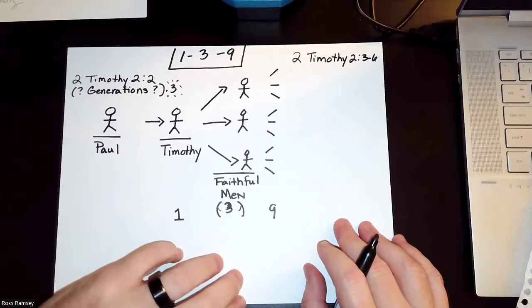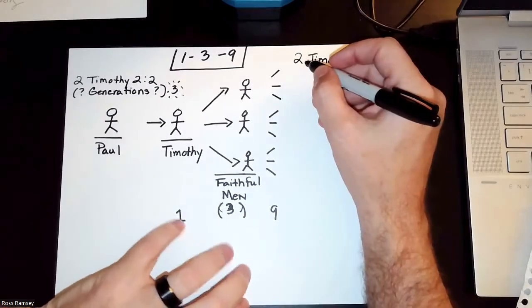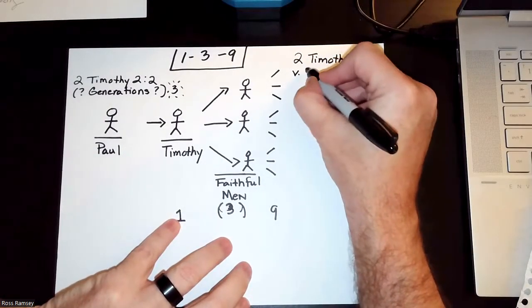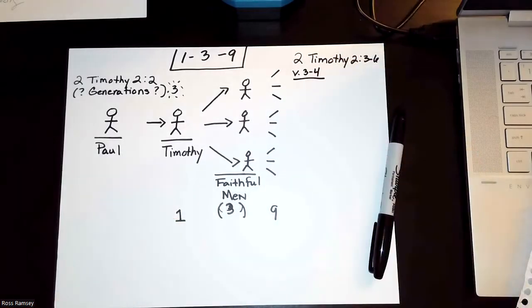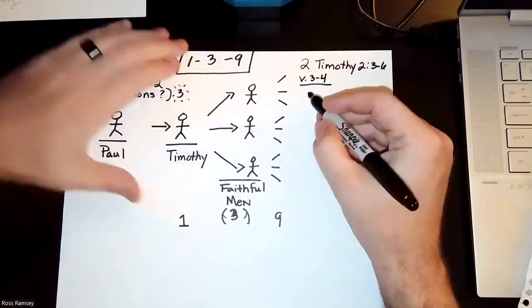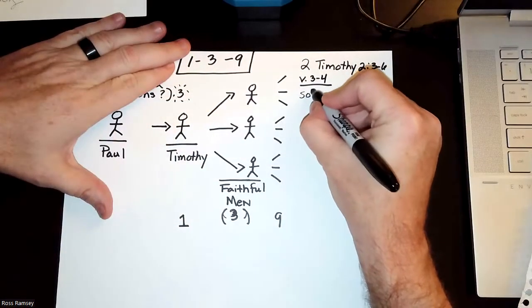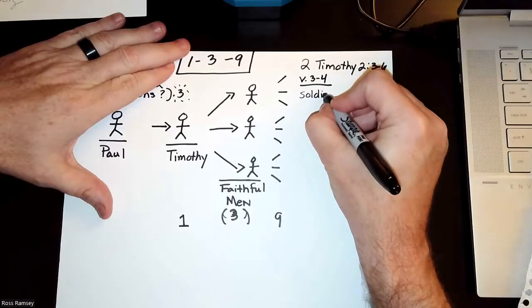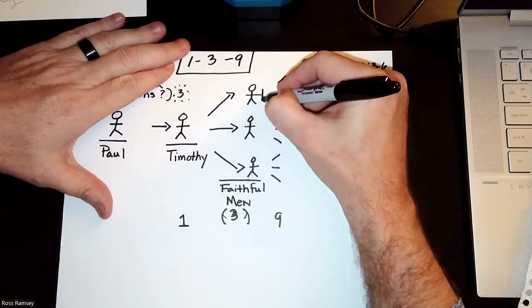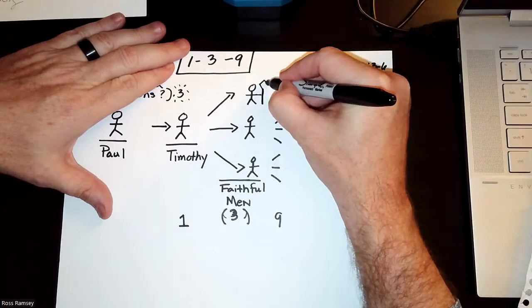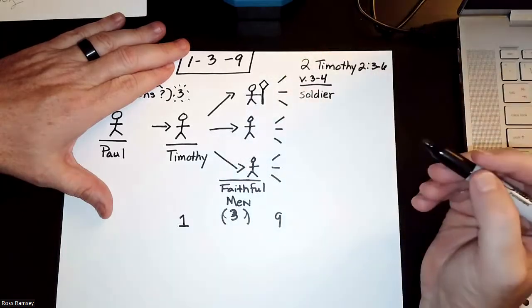The first one he gives us is in verses 3 through 4. We see the illustration of a soldier. And just to keep it cute, I'm going to put something a soldier would have, a spear or something like that.